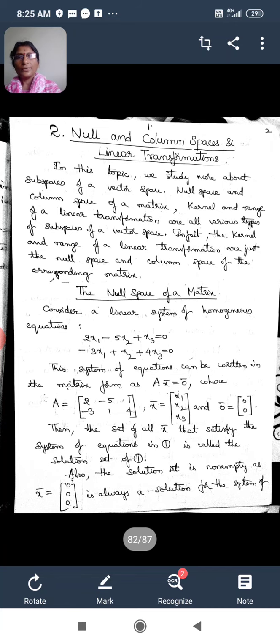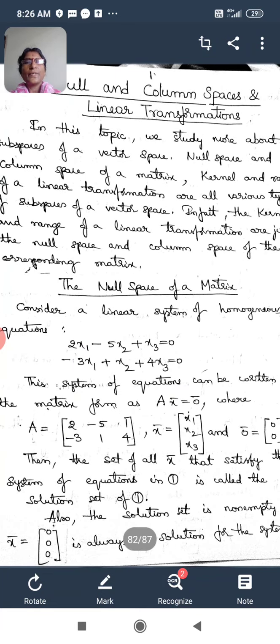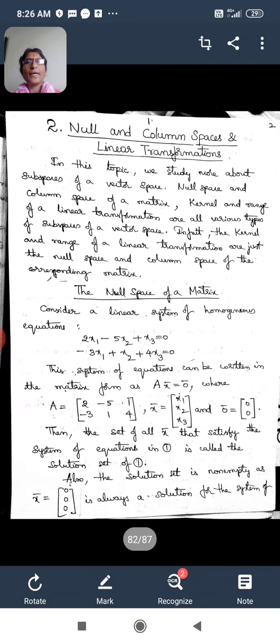In this chapter we are going to study various types of subspaces of a vector space, and among the four I mentioned, the last two, kernel and range of a linear transformation, are nothing but the null space and column space of the corresponding matrix.